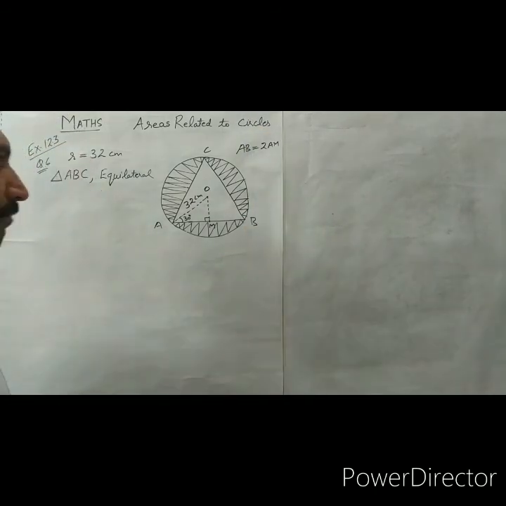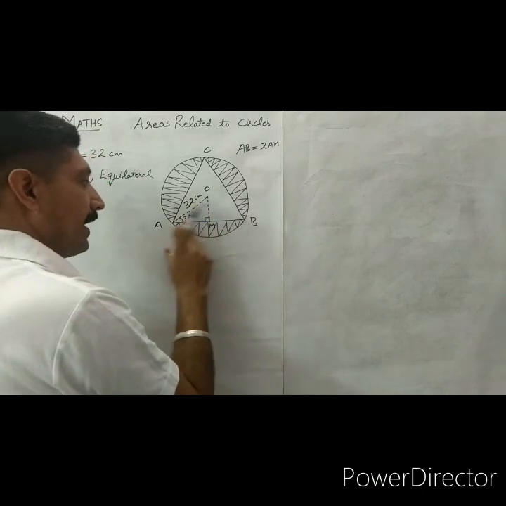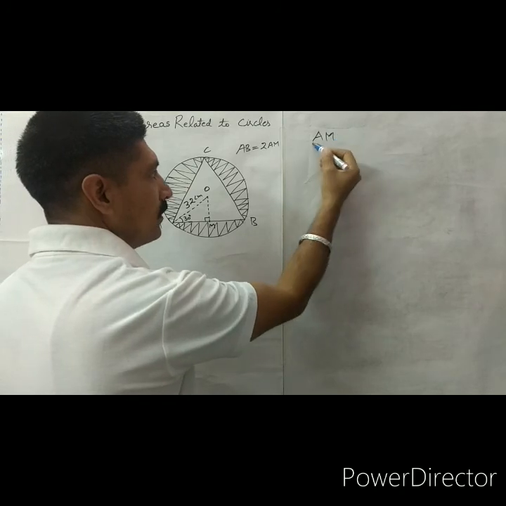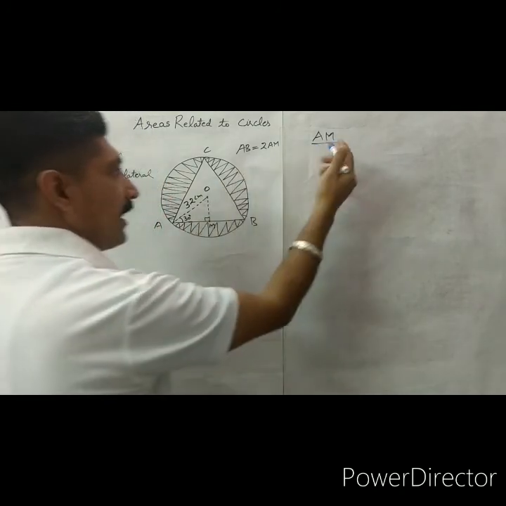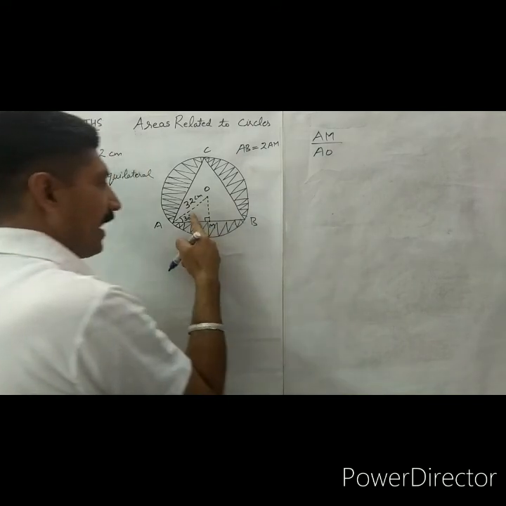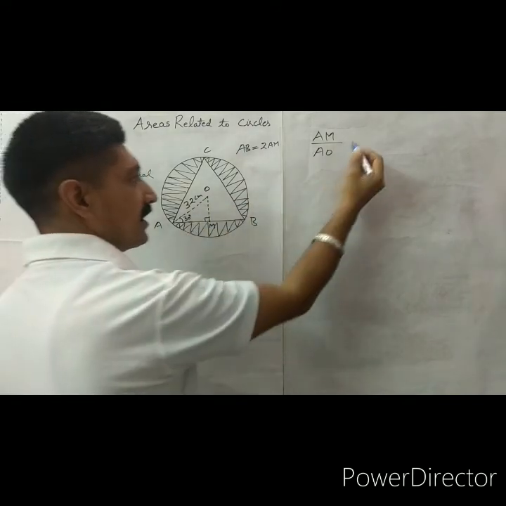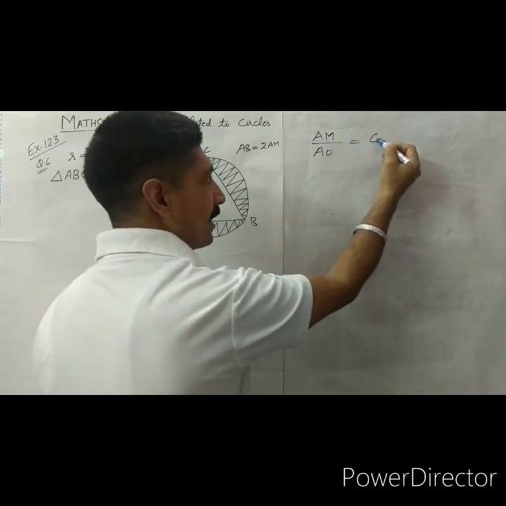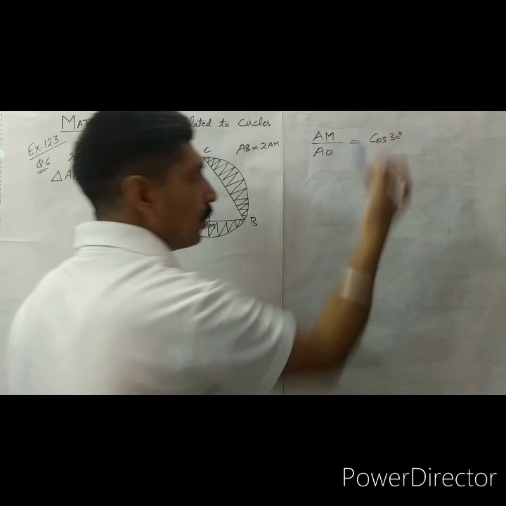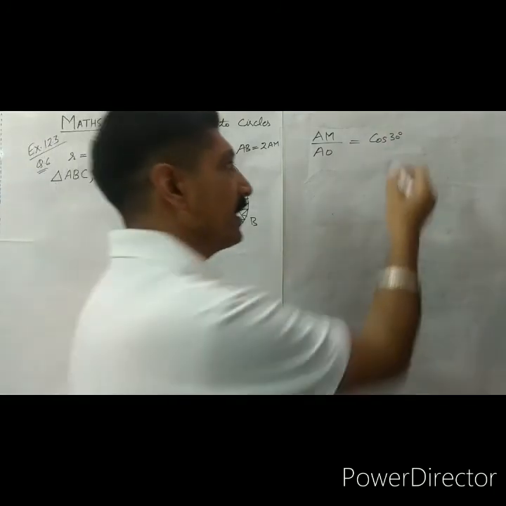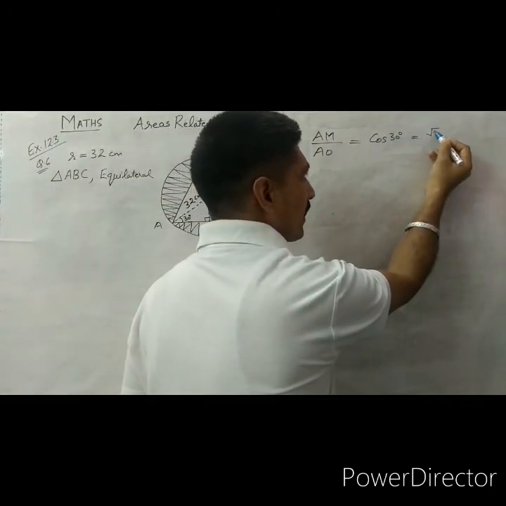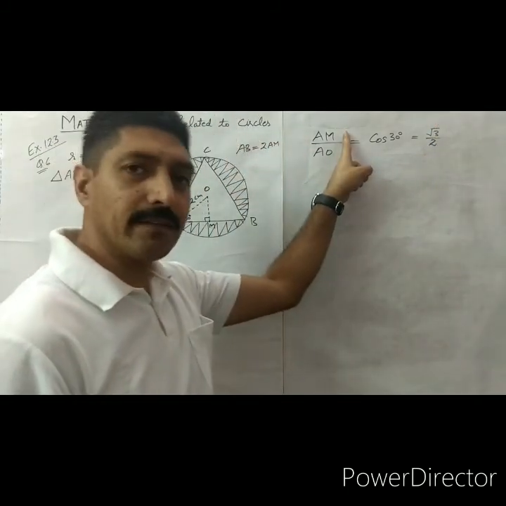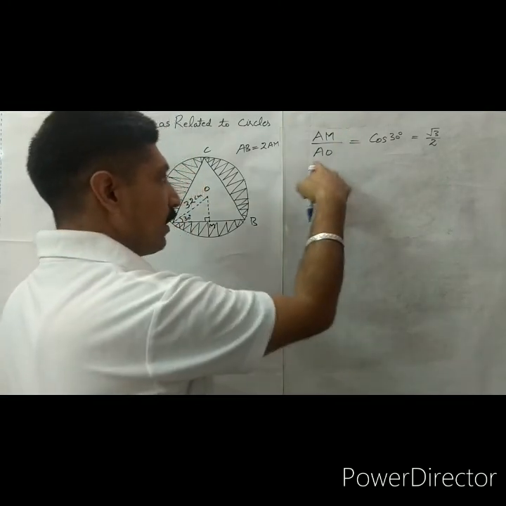So here we can find that AM upon AO. If angle theta is 30 degree, so base upon hypotenuse is equal to cosine of 30 degree. And we know the value of cosine 30 is equal to under root 3 by 2. So here we want to find the value of AM here. So AO is 32.